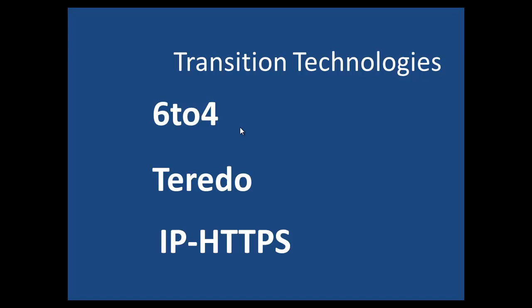Next, we have Teredo. Teredo is used for DirectAccess clients that are behind a network address translation device and configured with a private IPv4 address. You can use Teredo to connect to the DirectAccess server via IP version 6 across the public IPv4 internet.